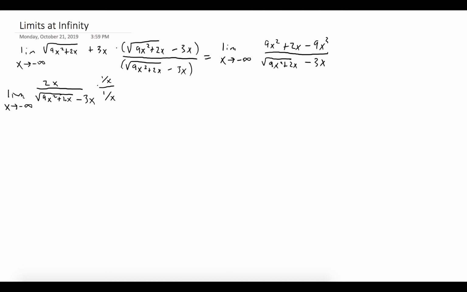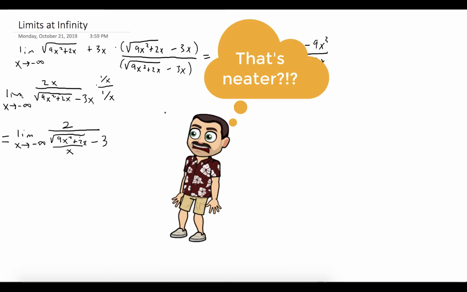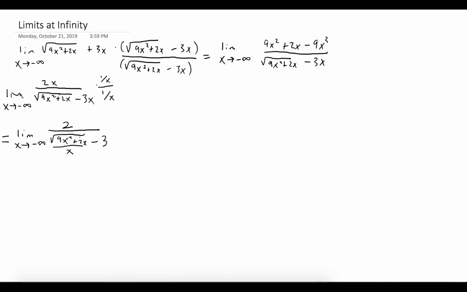I multiplied the numerator and denominator by 1 over x, and we got 2 over the square root of 9x squared plus 2x all over x minus 3.